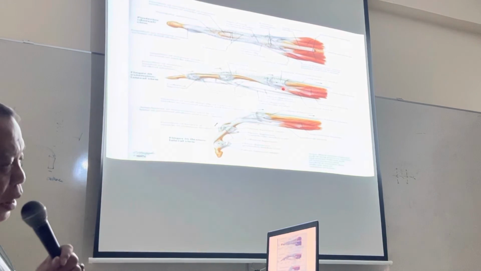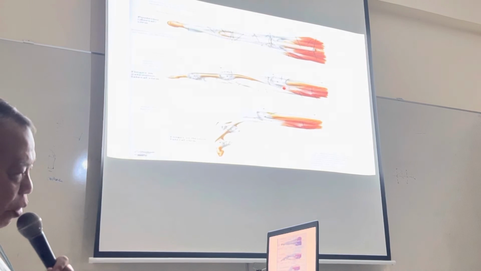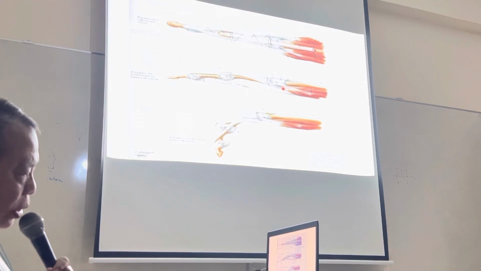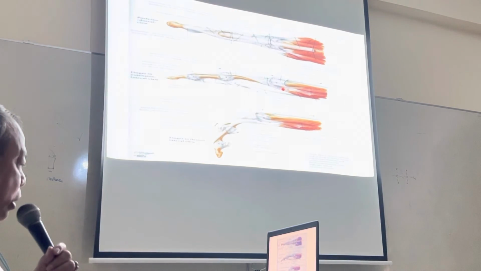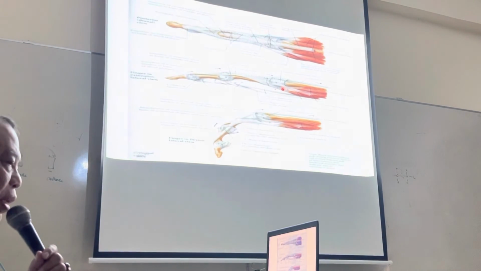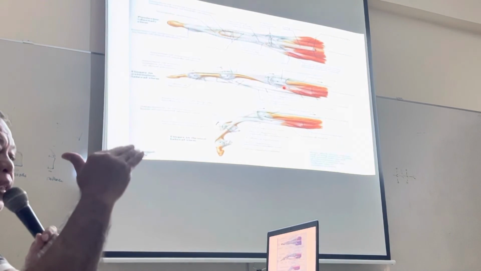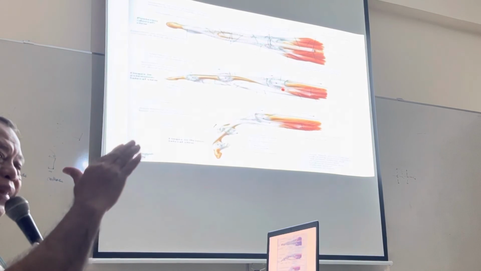What would be the clinical consideration of this? Lumbricals and the interossei muscles are also inserted into the dorsal expansion. By virtue of its insertion in the dorsal expansion, it will help in what action of the fingers? Extension of the fingers.